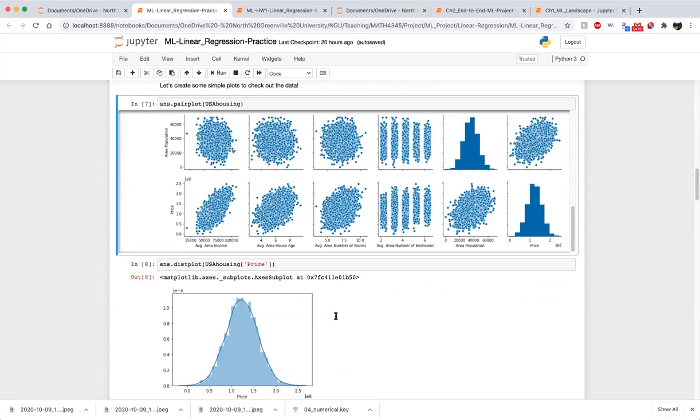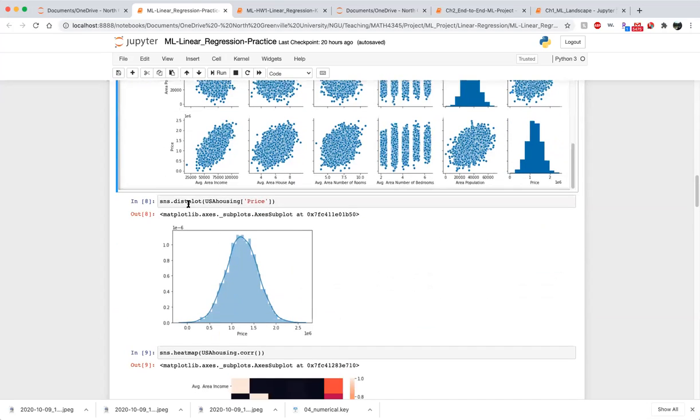Okay, but then you see this dist plot. This gives us the distribution of the price data. You can see that the price is normally distributed.